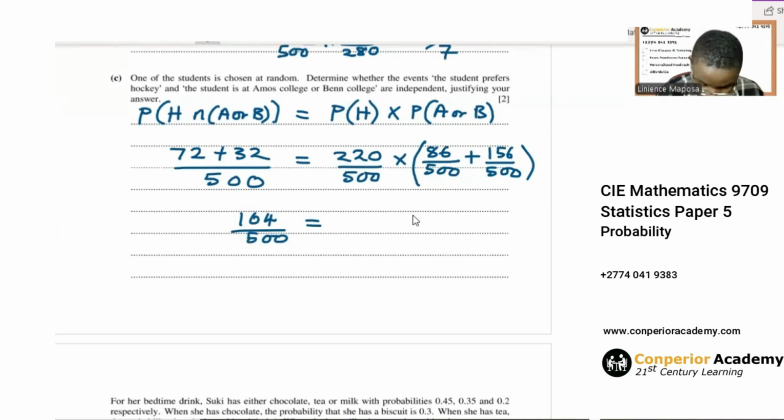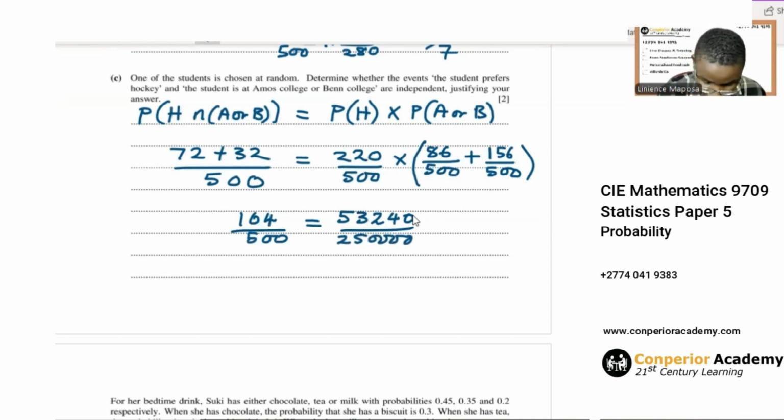So this is what? 86 plus 156 equal to 242. 242 times 220 is equal to 5,324 divided by 500 times 500, which is equal to 250,000.